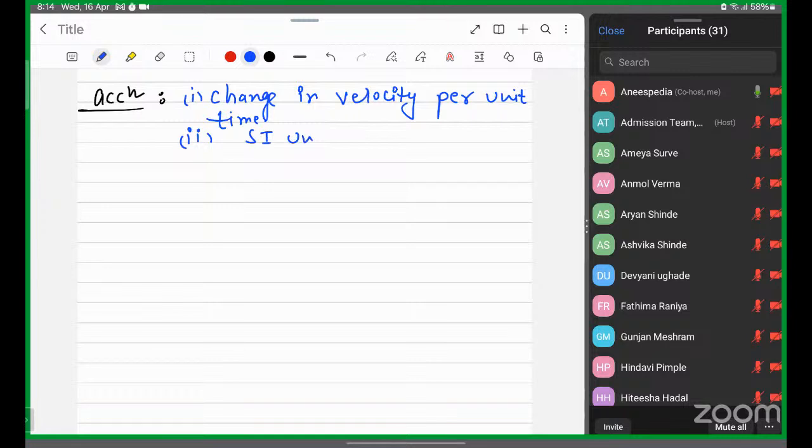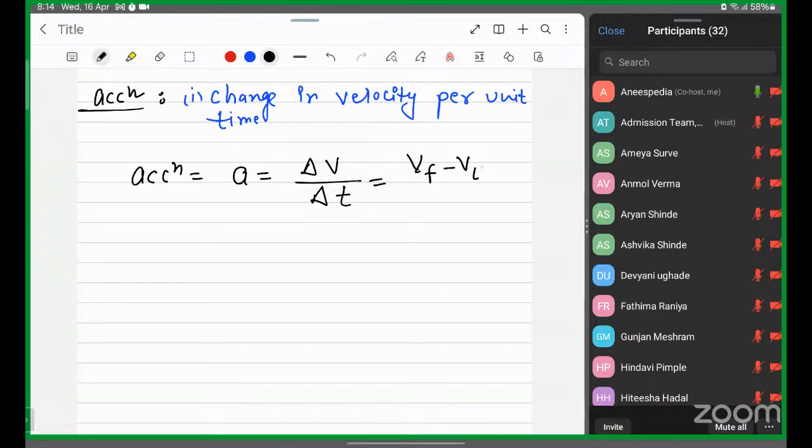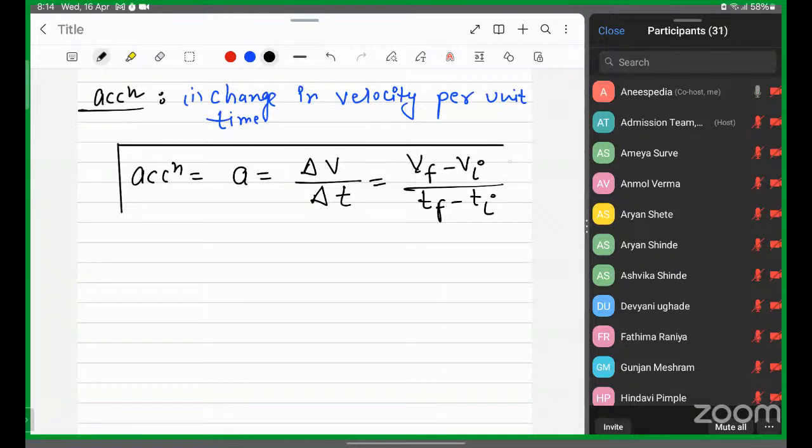Acceleration a is equal to change in velocity delta v upon time interval delta t. Delta v is v final minus v initial, upon time interval t final minus t initial. So this is defined as acceleration.